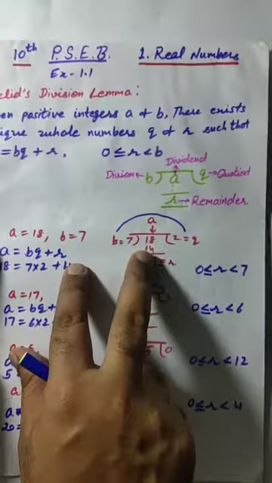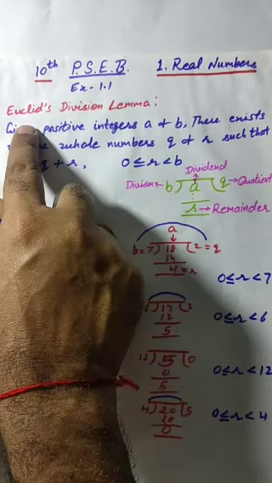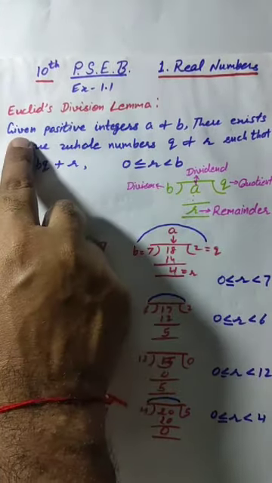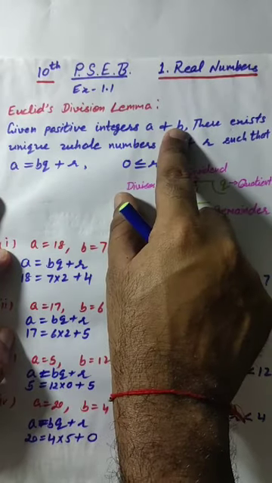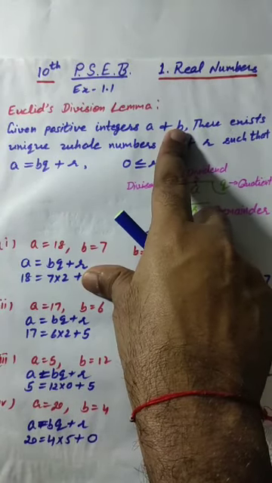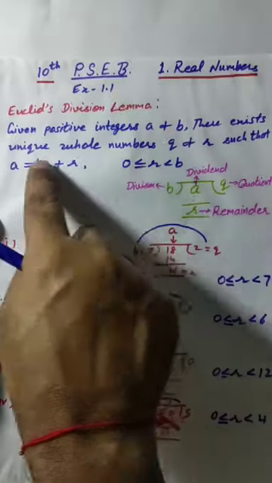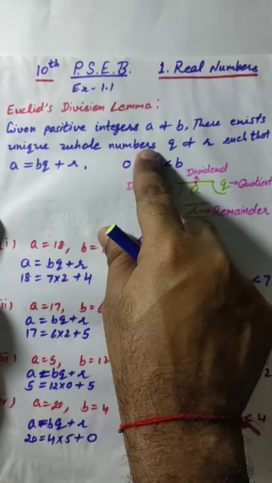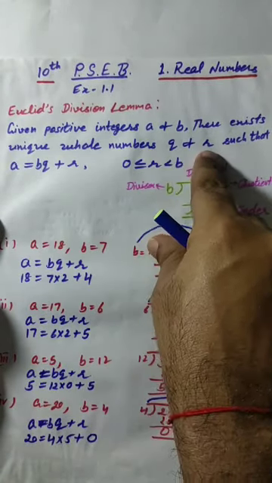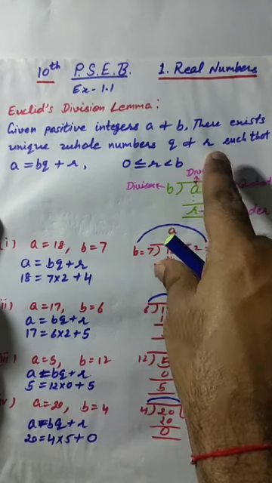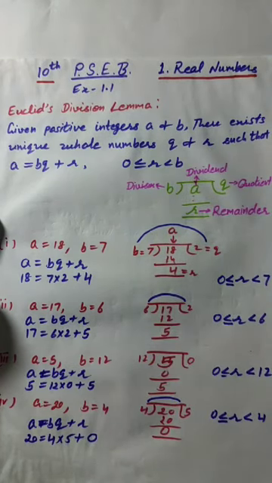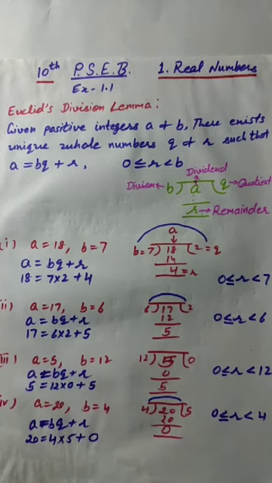This is our statement of Euclid's division lemma. Given positive integers a and b, there must exist two whole numbers q and r. Why whole numbers? Because 0 can also be included.